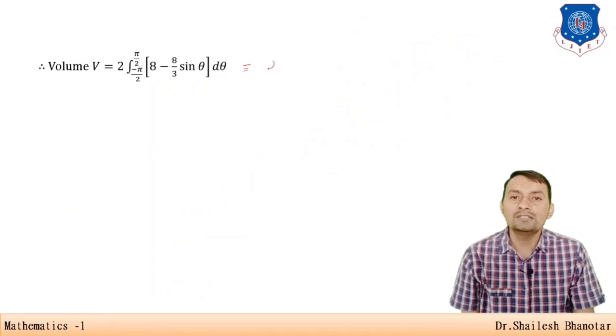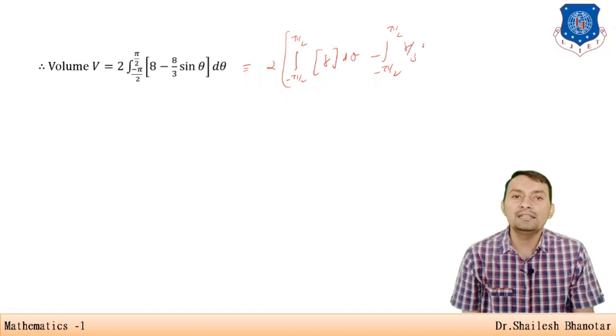But when you observe, 2 times the integral from minus pi by 2 to plus pi by 2, with the same limits, this is 8 d theta minus the integral from minus pi by 2 to plus pi by 2 of 8 by 3 sin theta d theta. We know the standard result that whenever we have limits minus a to plus a of f of x dx, we can discuss even and odd functions.